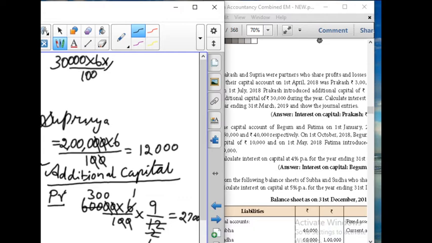So into 6 divided by 12. During the year means we have to calculate only 6 by 12 months. Okay. 1 6 is 6, 2 6s are 12, 0 0 cancel, 0 0 cancel, 1 2 is 2 and 3 2s are 6. 3 3s are 9 for 6 months. This is 9 months.